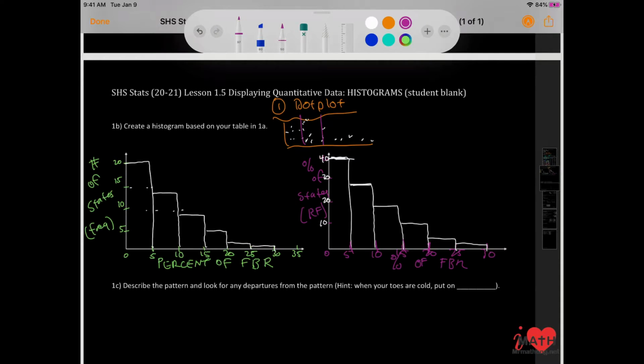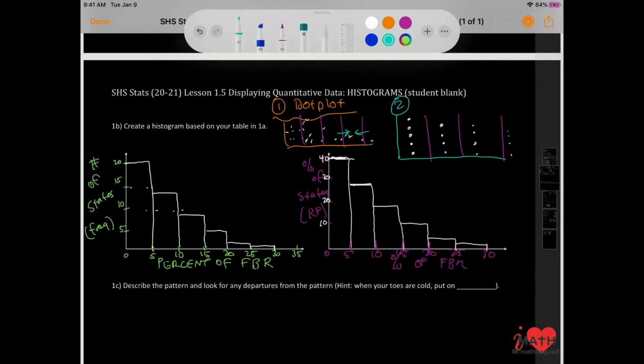So I'm dividing them into bins. And then I squish all the dots into a single file line. And then you would have something like this.